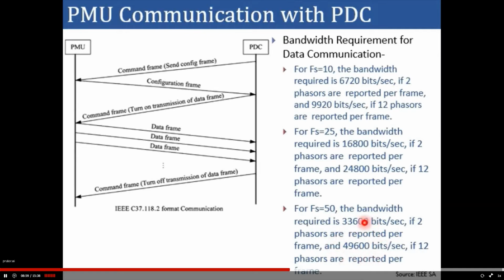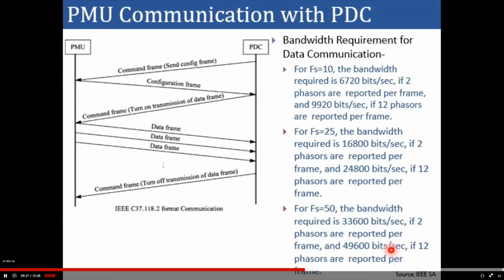Now you can understand that the data reporting rate increases when the number of frames per second to be sent from the PMU increases. If you have 50 frames per second of data reporting and 1 PMU, then it is close to 50 kbps, that is 50 kilobits per second.